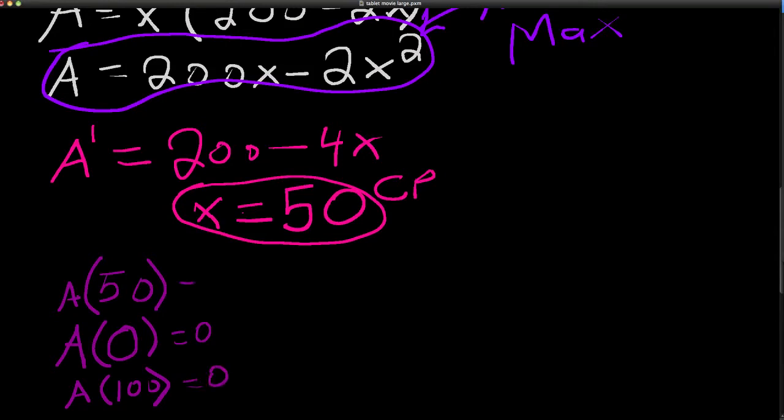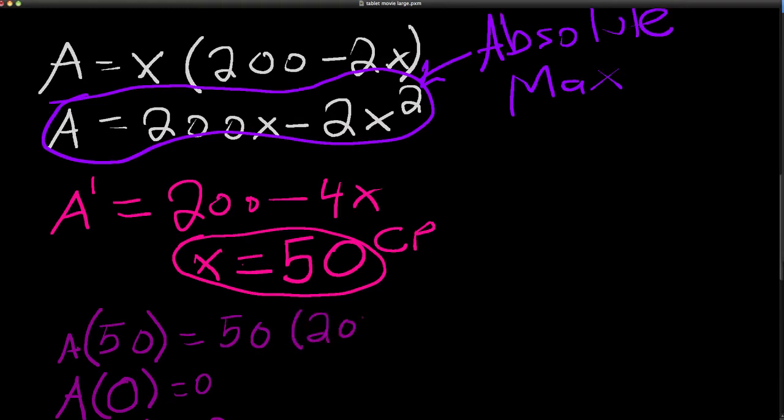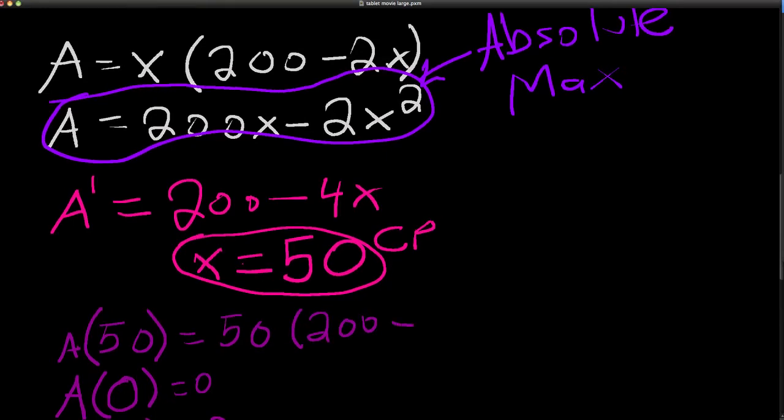This one is 0, and then for 50, let's go back. The area is right here, so it's going to be 50 times 200 minus 2 times 50, which is, so 200 minus 100 is 100, so 100 times 50 is 5,000.